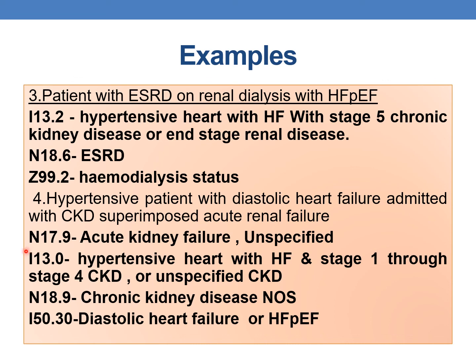So additionally, you have to code acute renal failure N17.9, followed by I13.0, hypertensive heart with heart failure. Since CKD stage is not mentioned, stage 1 through stage 4 CKD or unspecified CKD, N18.9, chronic kidney disease NOS, and finally I50.30, code for diastolic heart failure.